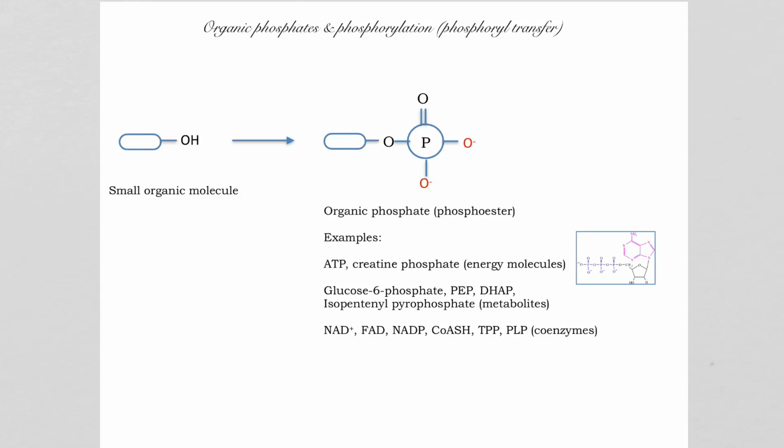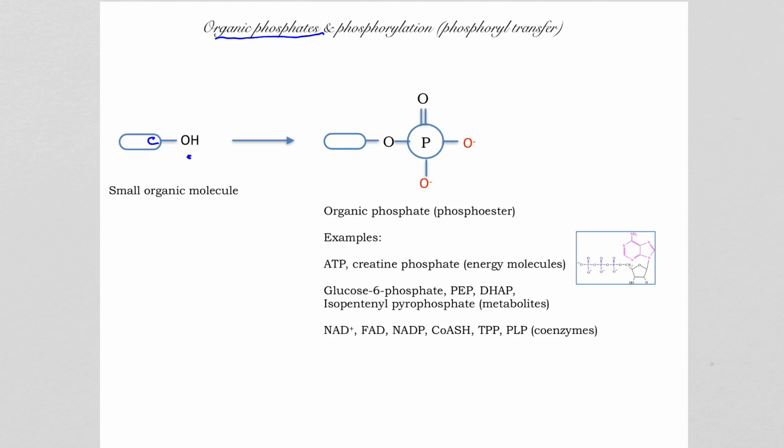Not only does your body have inorganic phosphates, our cells also have a lot of what we call organic phosphates. Organic phosphates are very, very common. This is the type of reaction we see a lot. Let's say there's a small organic molecule, some carbon-based molecule, and it has a group called hydroxyl. This is an organic chemistry group called hydroxyl.